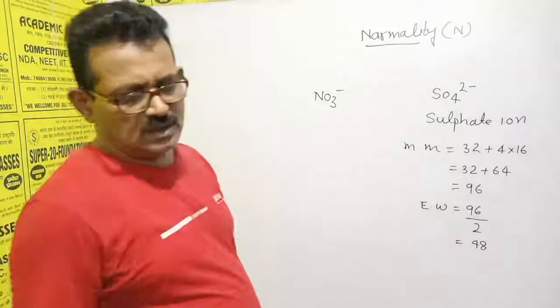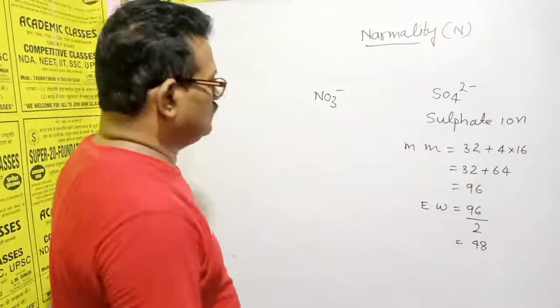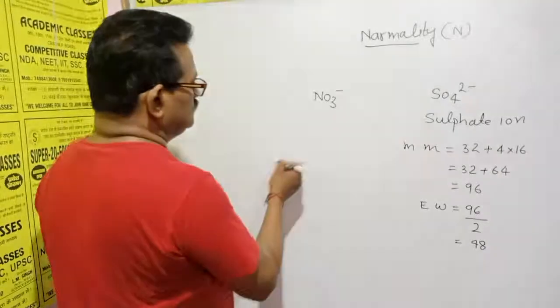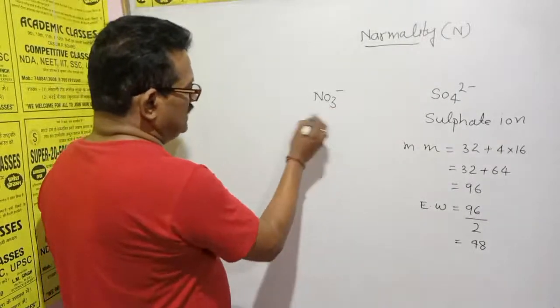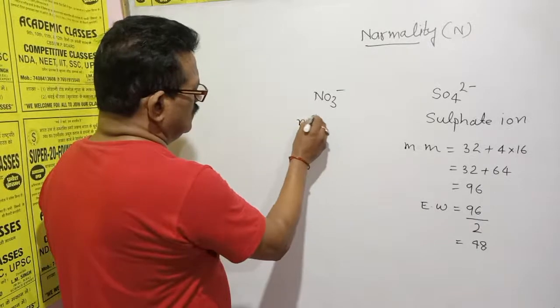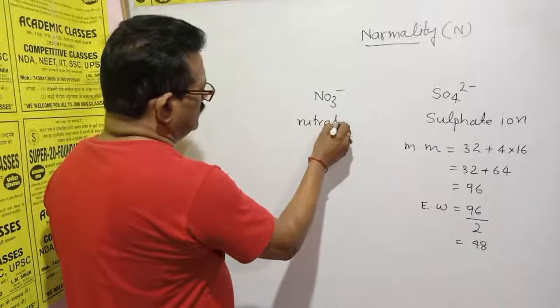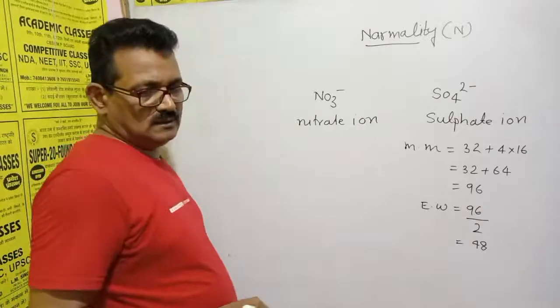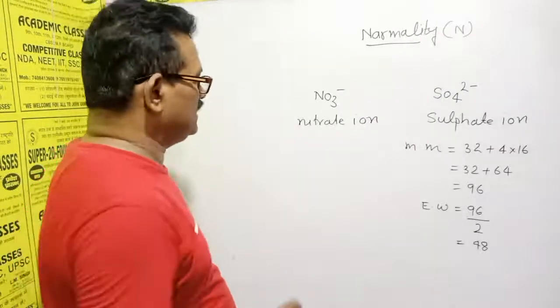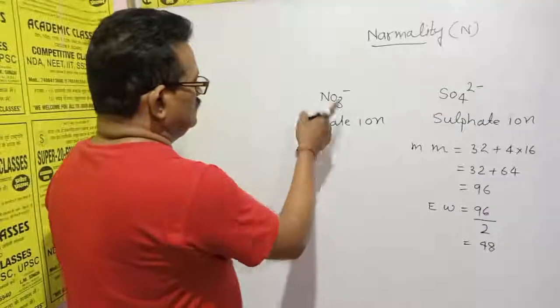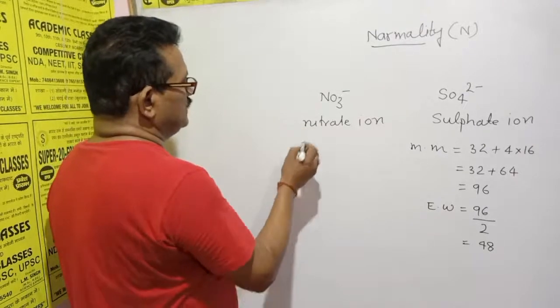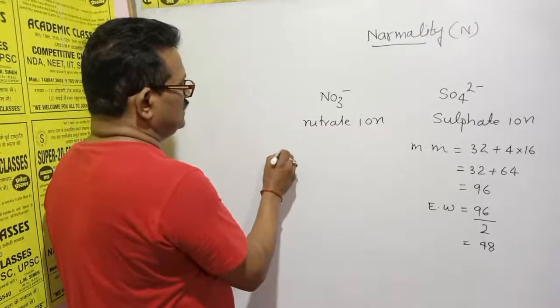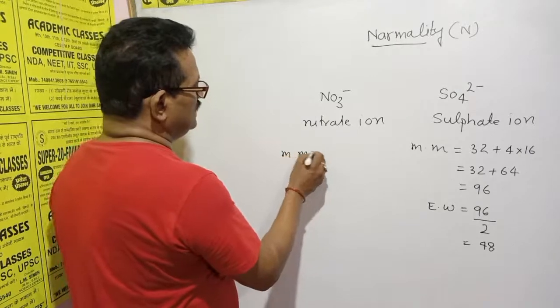Next, this is the nitrate ion, NO3 negative. How can you calculate the equivalent mass of nitrate ion? First you calculate the molar mass of nitrate ion.